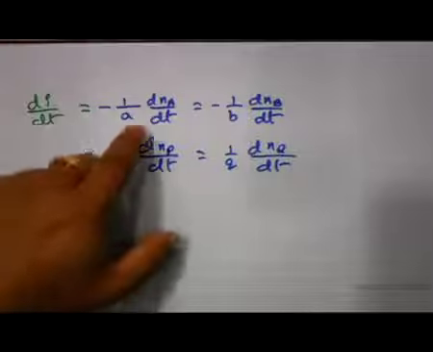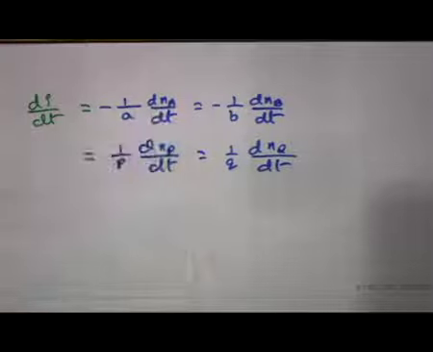For the reactant species, the stoichiometric coefficients come with negative signs. For the product species, the stoichiometric coefficients come with positive signs, right. This is extremely important for you to keep in mind.